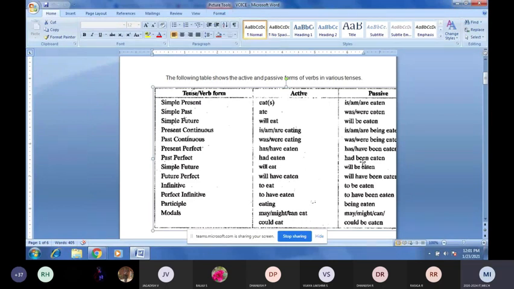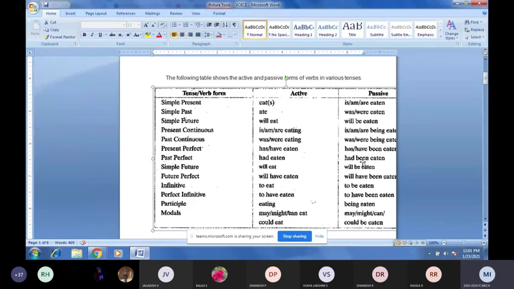And the third type, perfect tenses. Perfect tense means have or has, depending upon the tense. Present tense means have, has, and past tense means had, plus been. This been is added to indicate the perfect tense. So been plus past participle.